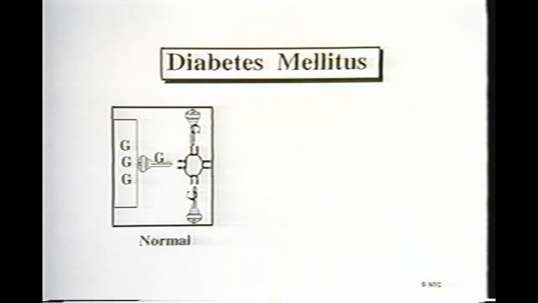Now, before we start talking about diabetes mellitus, I'd like to review a little bit about how this whole insulin works in the body. So if we look at the first picture here, this is a rather strange picture, because you see the G's over here representing glucoses in the bloodstream.